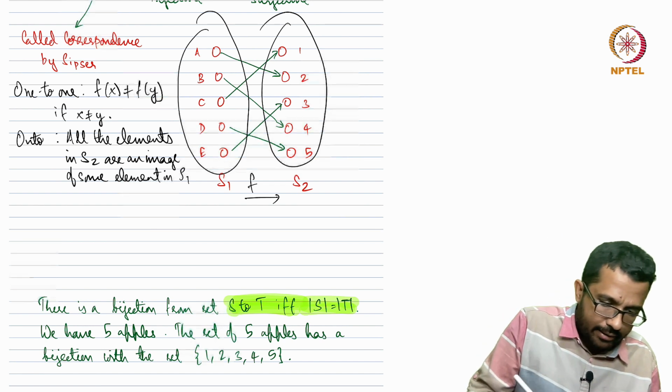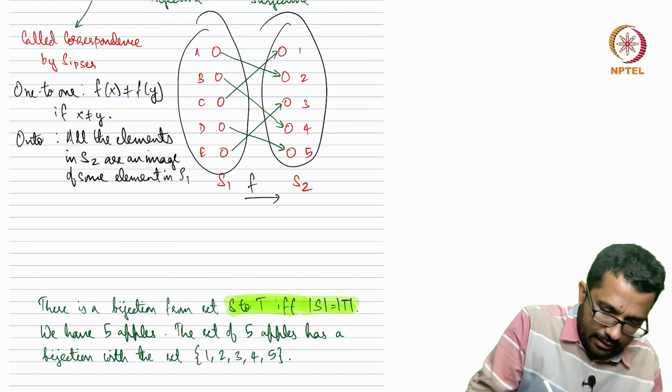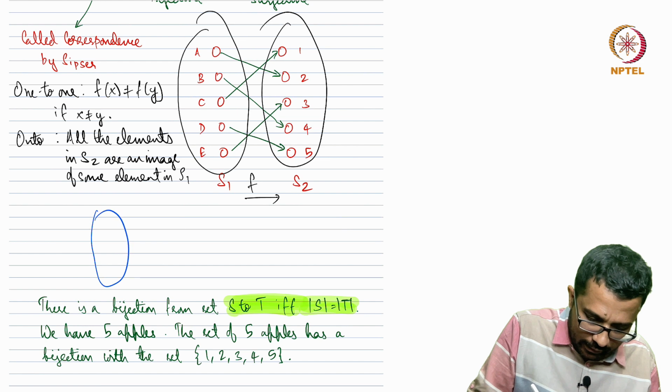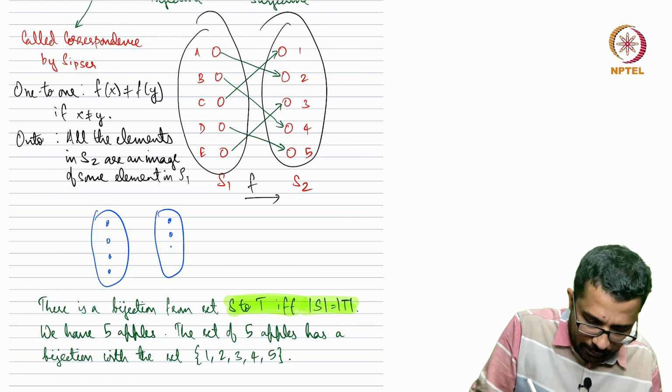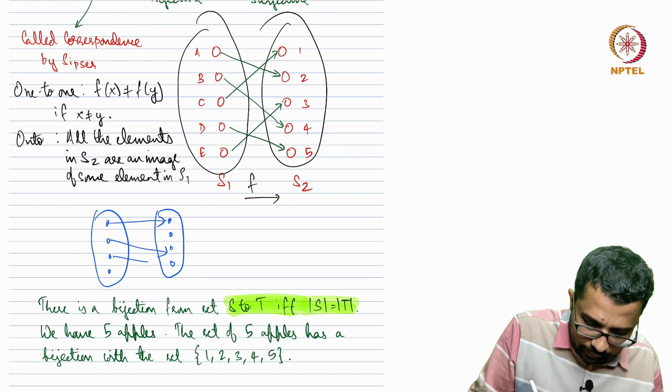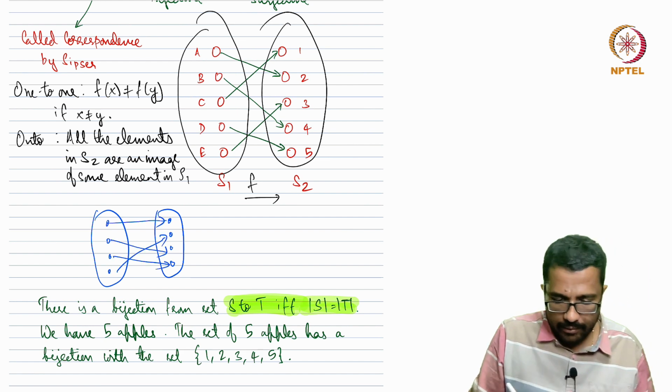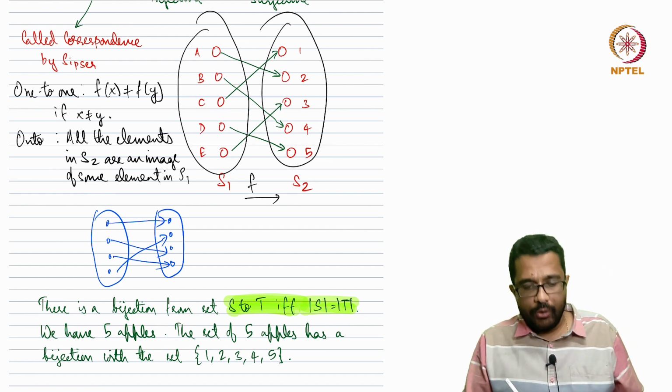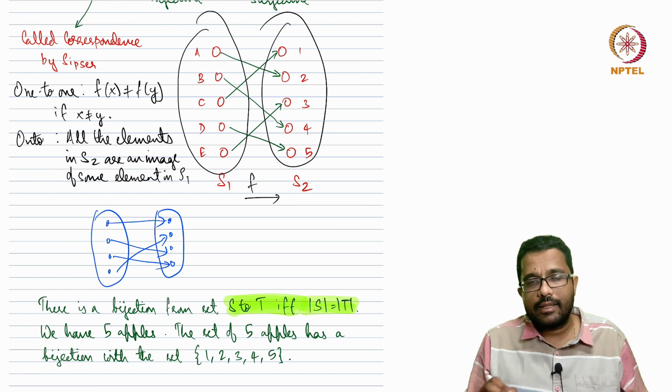To give another example, let's say 4 elements here, 4 elements here, you can have a bijection, right? This is a bijection. And you cannot have a bijection if the sizes of the sets are different.